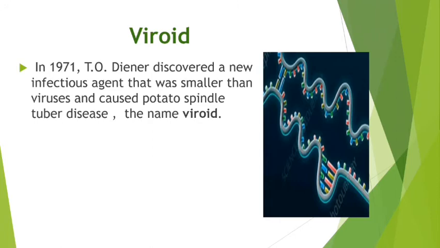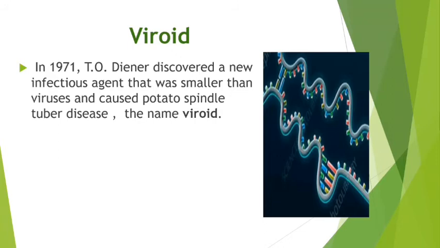So in 1971 T.O. Diener for the first time discovered an infectious agent causing a disease in potato, and that disease was named potato spindle tuber disease.